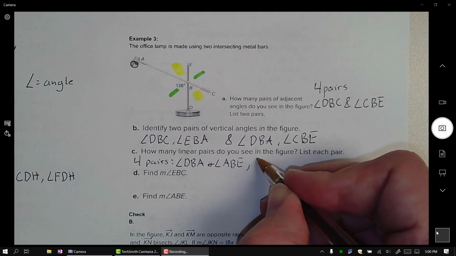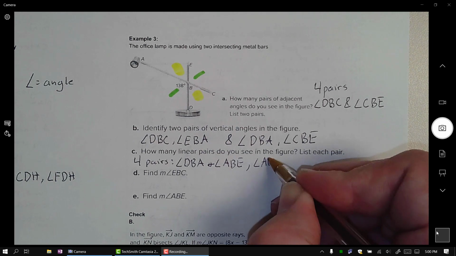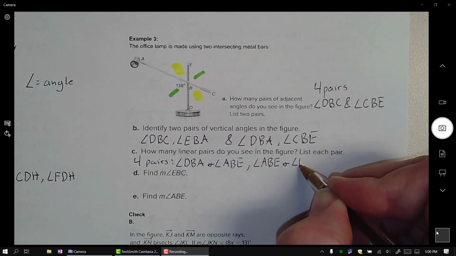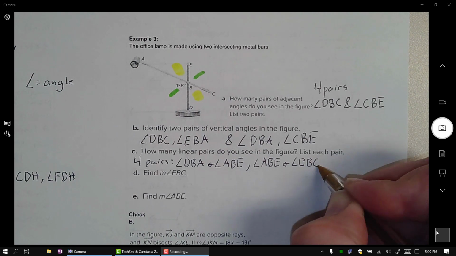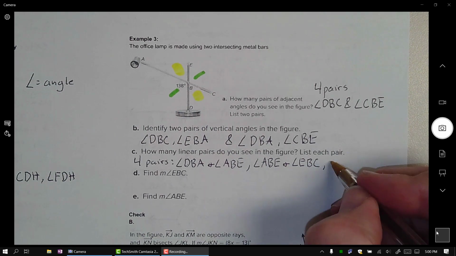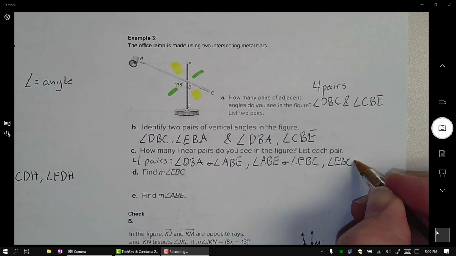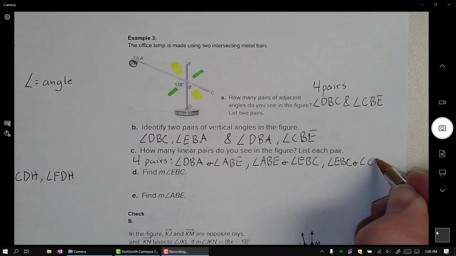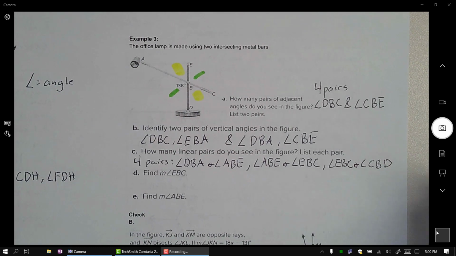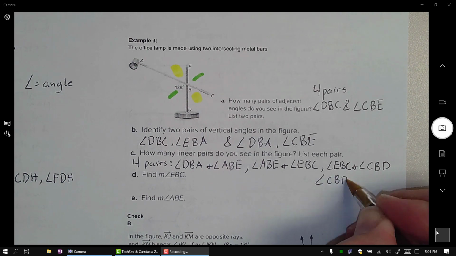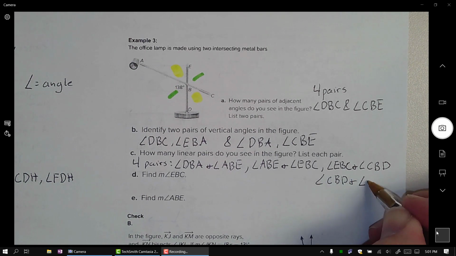We also have angle ABE and angle EBC. We also have angle EBC and angle CBD. And then lastly, we have angle CBD and angle DBA.